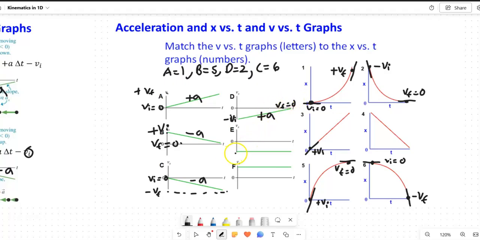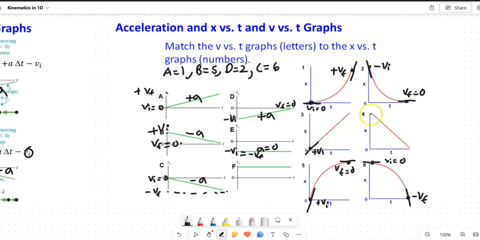All right. E looks like we start with an initial velocity that is negative, and it looks like that slope doesn't change. So the initial velocity is equal to the final velocity. So they're both the same.